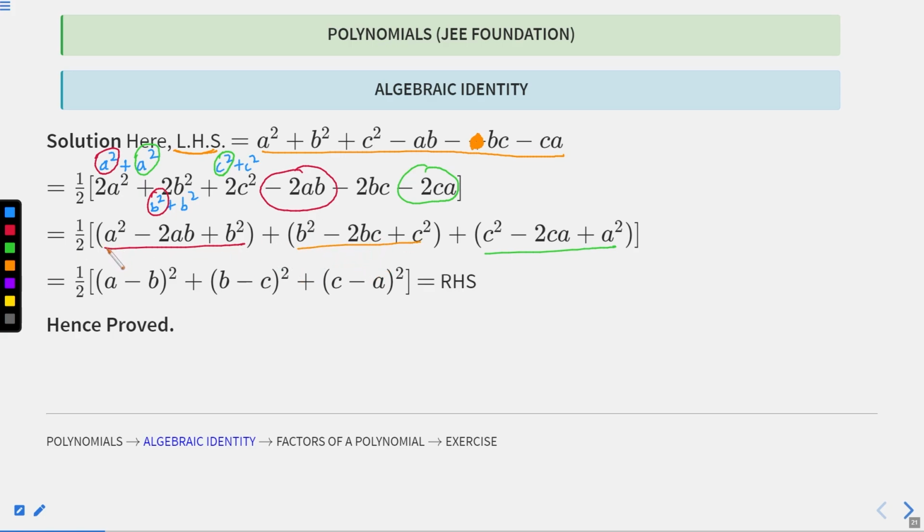So now I know this is the identity for a minus b whole square, this is for b minus c whole square, and this is for c minus a whole square. So we started from left hand side, we got to right hand side. I hope both of the approaches are clear to you. Now let's move and solve the next.